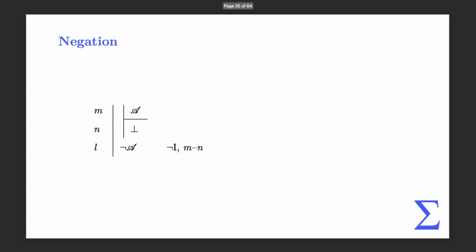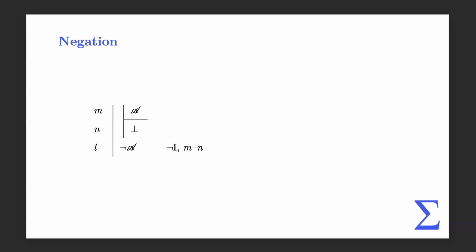So if by assuming A, I can prove false, if I can create a contradiction, then I'm going to introduce not A with this not introduction. I'm going to cite the entire proof.